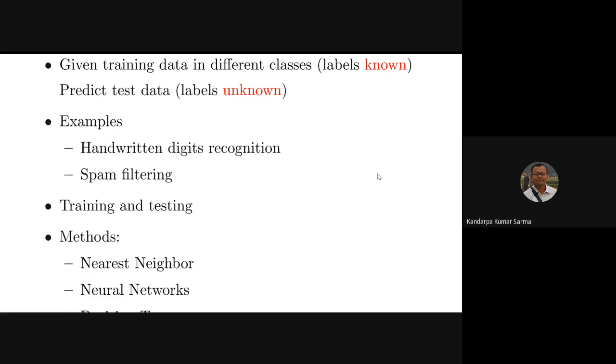Here both the training and testing part are done with supervised learning, but they are all data dependent. We can find that there are corresponding techniques like the nearest neighbor, neural networks, and the decision trees.